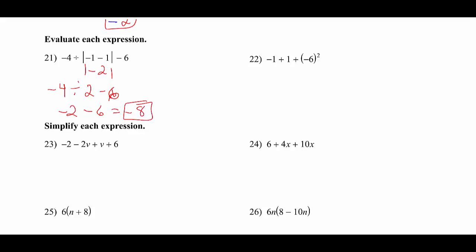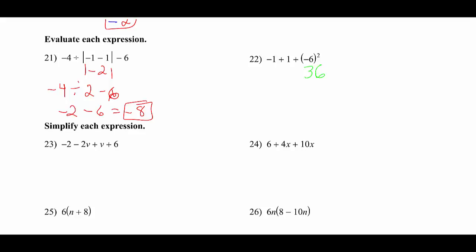On 22, we want to square the 6 first. And so since the negative's inside of the parentheses with the squared, we're going to make that be positive 36. Okay, and this is a tricky thing.